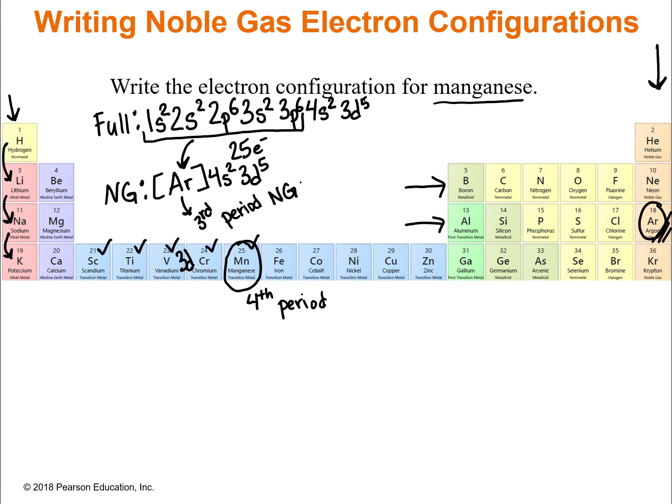And everything up through this 3rd row on the periodic table is filled. So we can write argon in parentheses, or brackets, and then fill in the rest of the way between argon and manganese. And that's where the 4s2 3d5 comes from. Does that make sense?